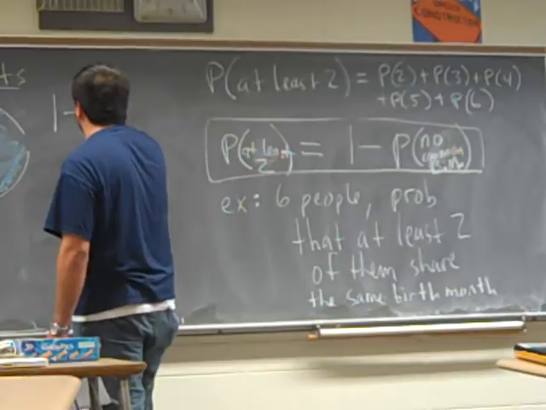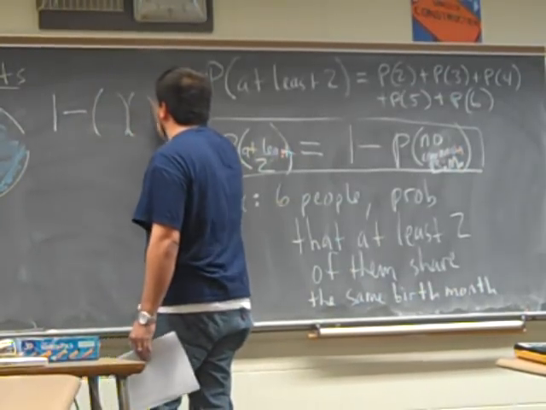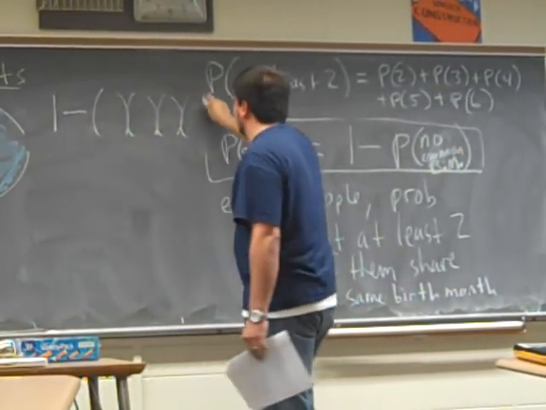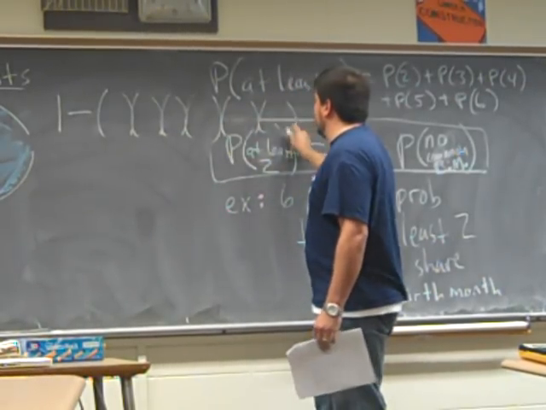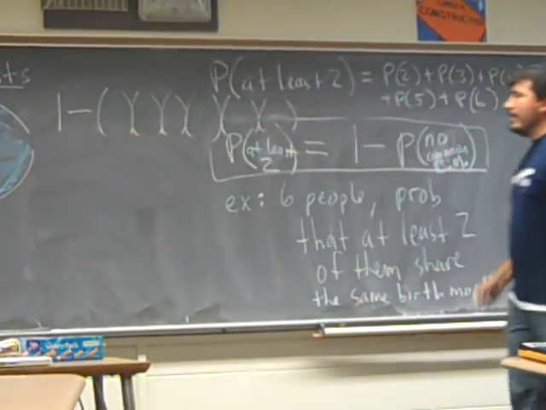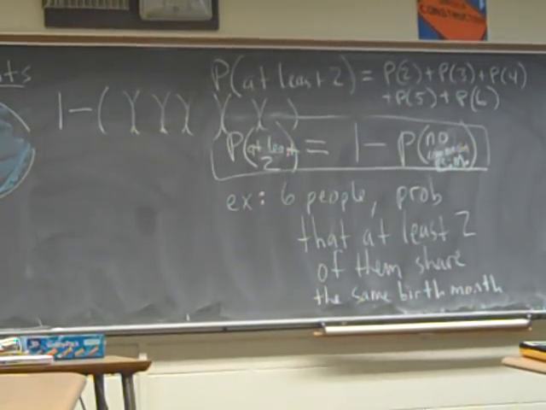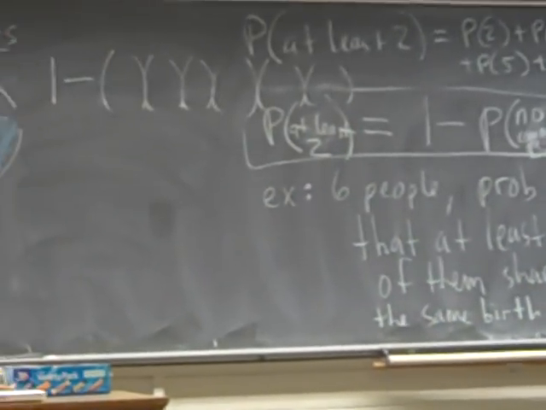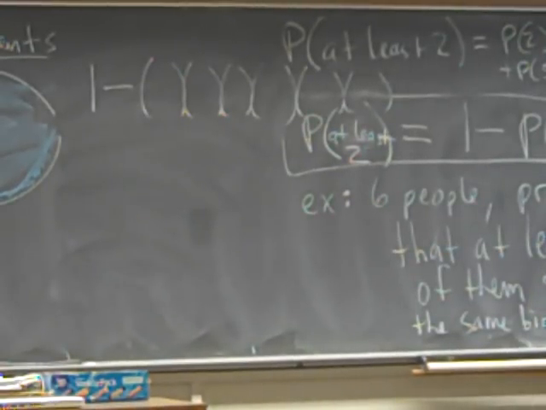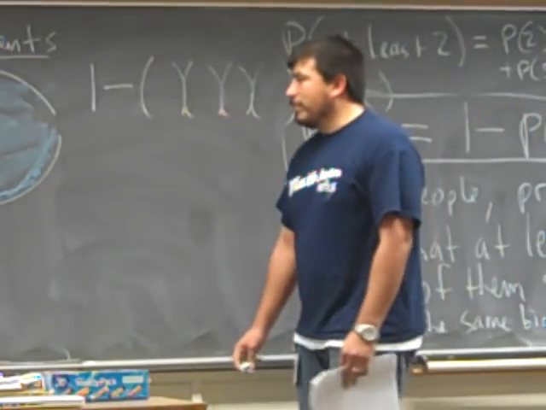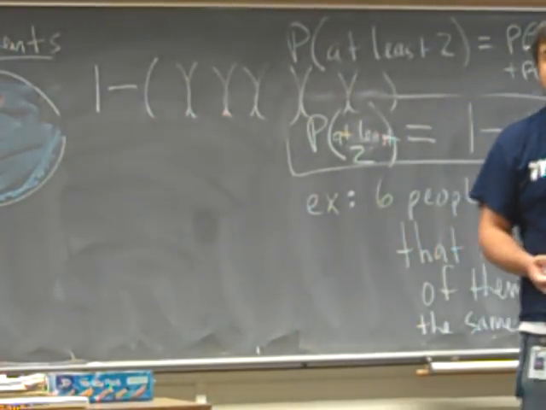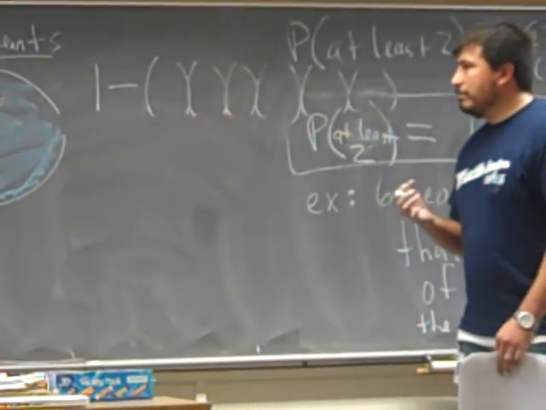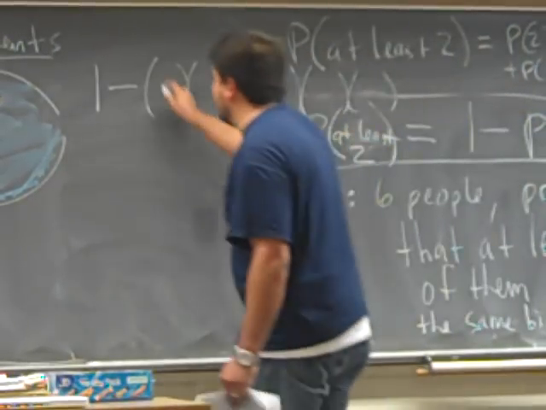So how do we do that? Well, think of all 6 people being lined up. 1, 2, 3, 4, 5, 6. In order for no one to have the same birth month, if I were to pick person A and ask him or her, what month were you born, how many months out of 12 would be a success so far? 12. 12 months out of 12, right?